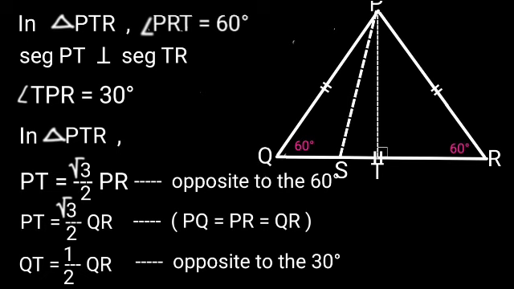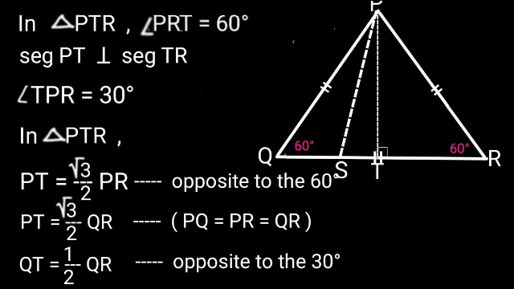That is our given. Segment PT is perpendicular to the segment TR. Hence, angle TPR is equal to 30 degree. In triangle PTR, PT is equal to under root 3 upon 2 PR, because this side is opposite to the 60 degree angle.